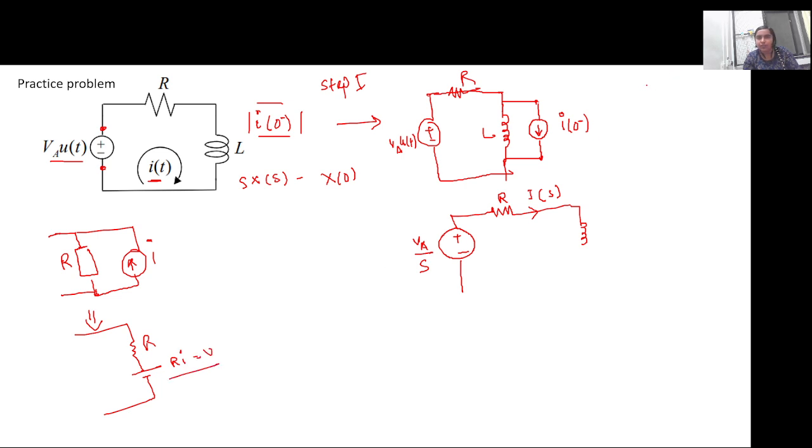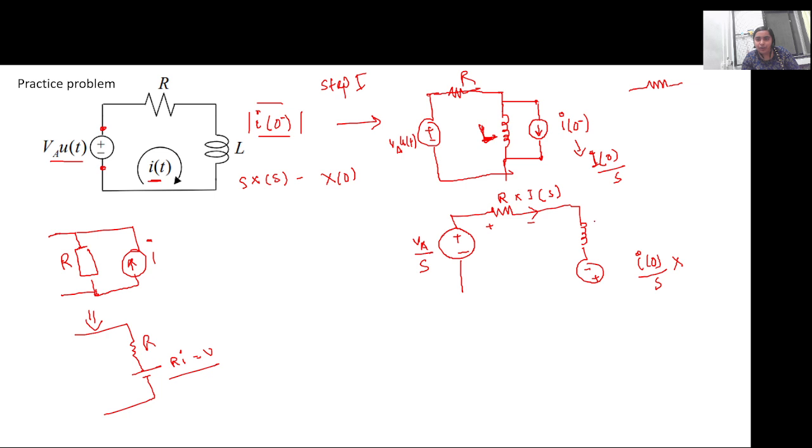Similarly here too we are writing this. The Laplace transform of I(0), since this is a constant, will be I(0) by s. Here we are directly writing the voltage, so minus plus. We are writing all the voltage drops across the different circuit elements so that we can apply KVL.